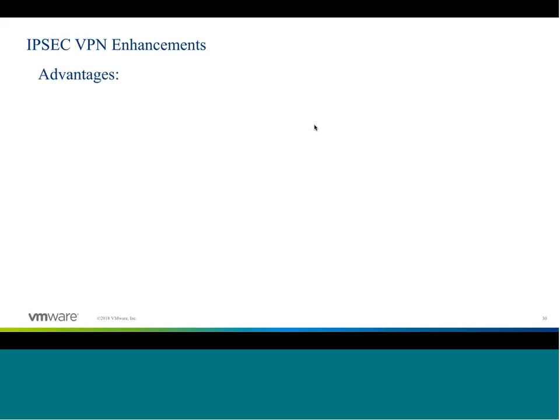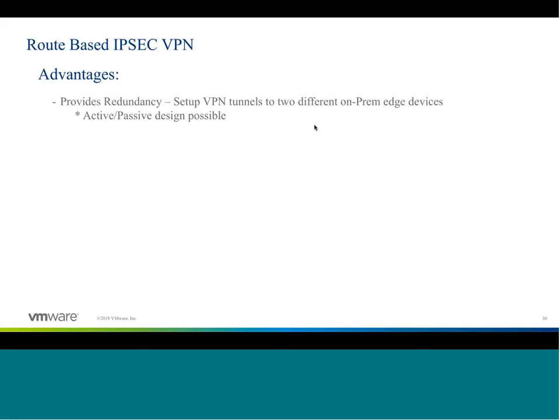There's a couple of benefits and advantages here. First, it provides redundancy. So you can set up VPN tunnels to 2 different on-prem edge devices, right? And both of those tunnels are active, right? But you can use BGP metrics like MED to control which one's going to be active and which is going to be passive in terms of data flow.